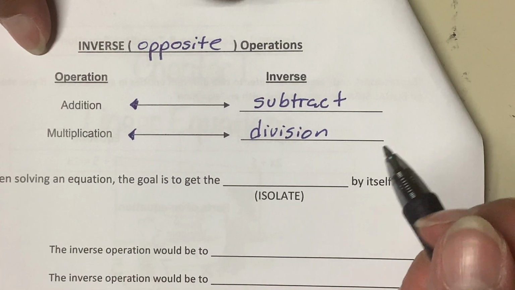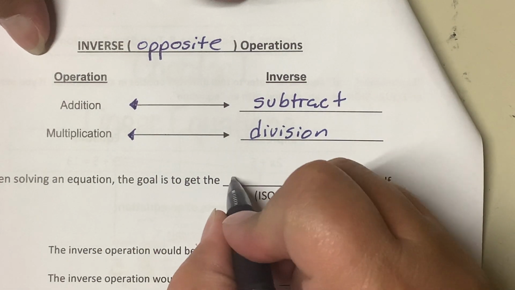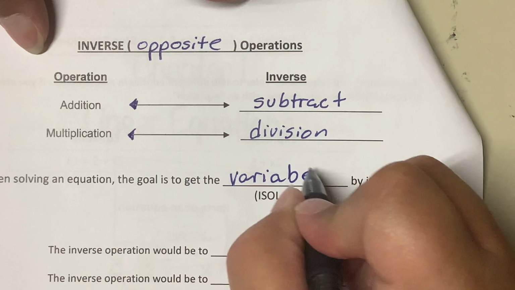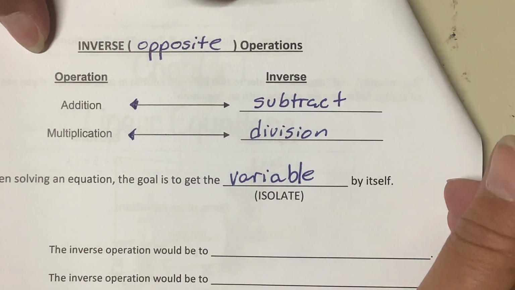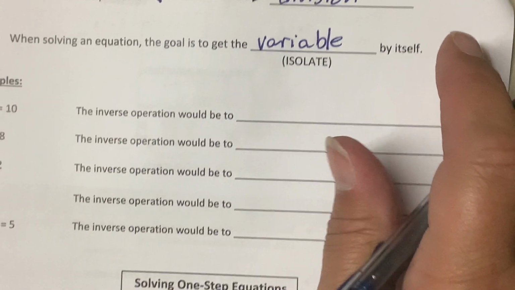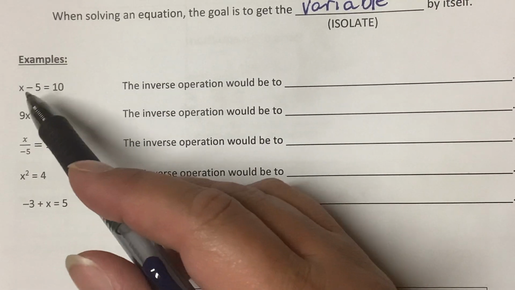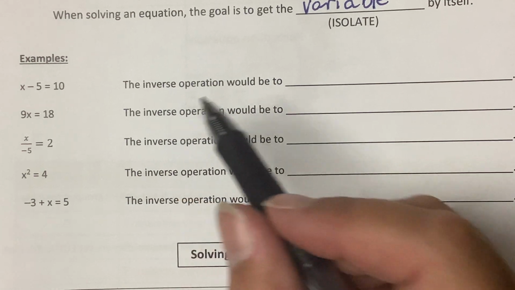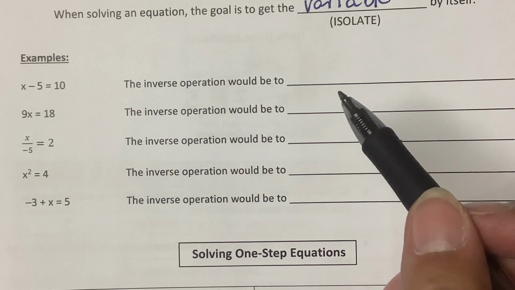When solving an equation, the goal is to get the variable by itself. And you've heard the term isolate the variable. That's just a way to get the variable by itself. So, for example, we're going to look at these equations. The inverse operation is always on the same side of the equal sign as the variable.